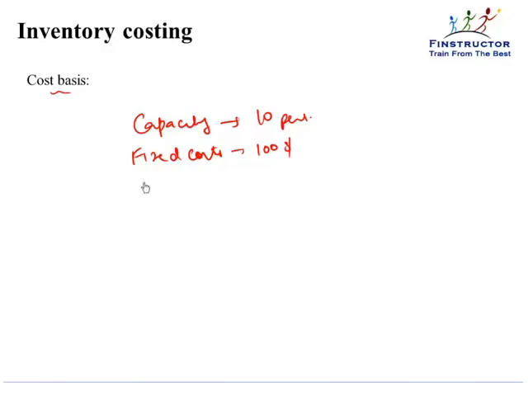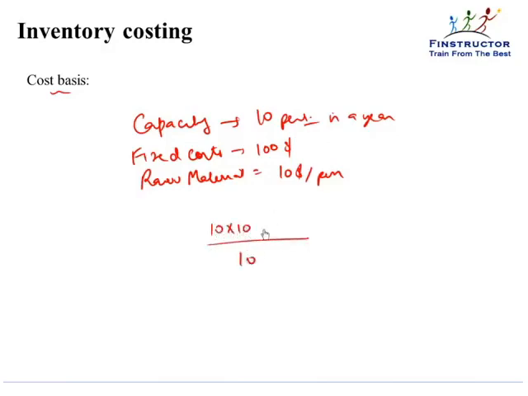The variable cost, or the raw material and processing charges for each pen, are to the tune of $10 per pen. So if we produce 10 pens in a year, what will be the cost of producing the pen, or the per unit cost of inventory? We produced 10 pens. There will be a variable cost of 10 into 10, $100, and fixed costs of another $100, giving me a per pen cost of $20.